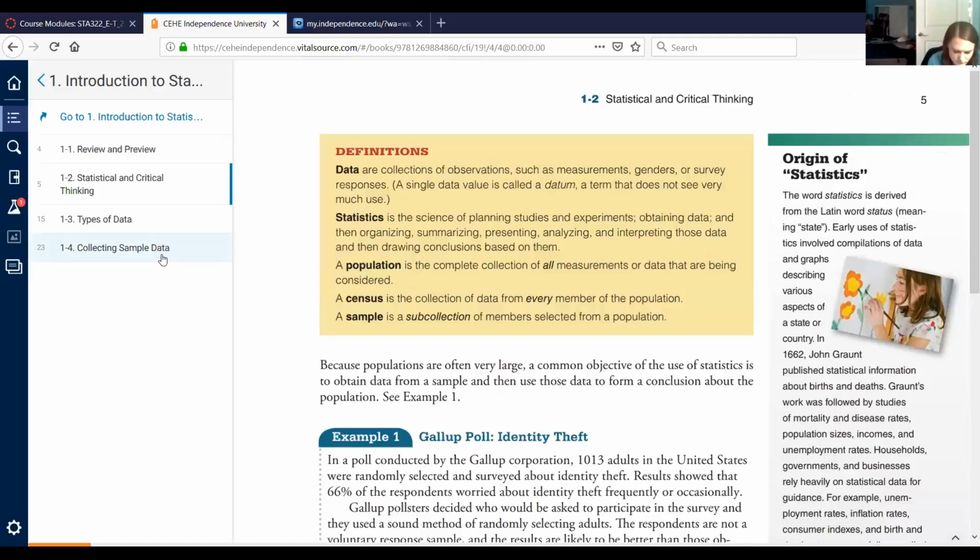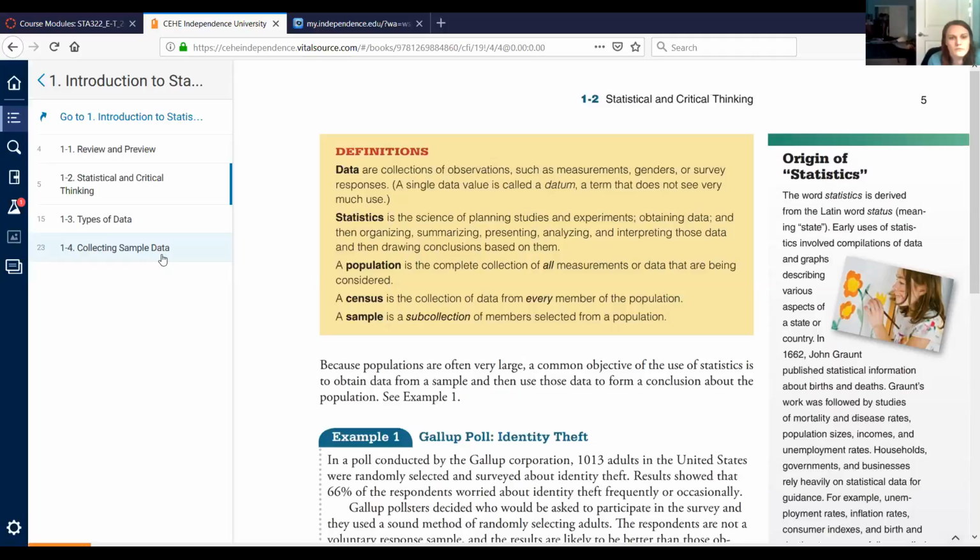Data. When we talk of data, they are observations or measurements or other information that we get in our investigation. And that can be numerical, it can be non-numerical, it can be any kind of parameter that we're attempting to measure.